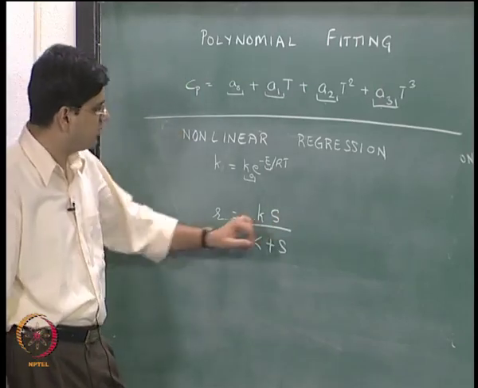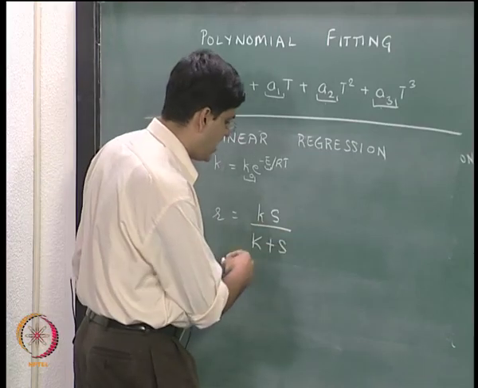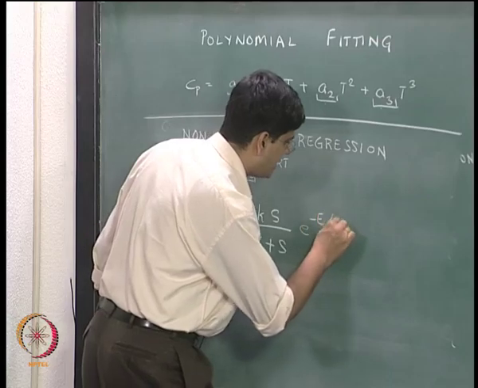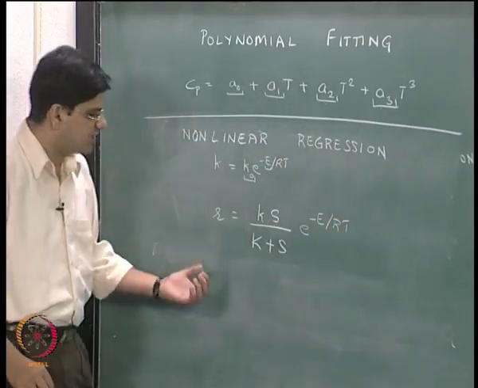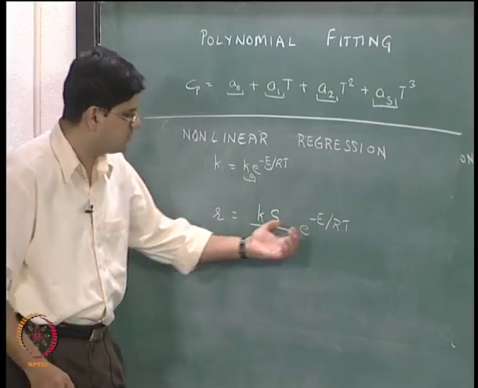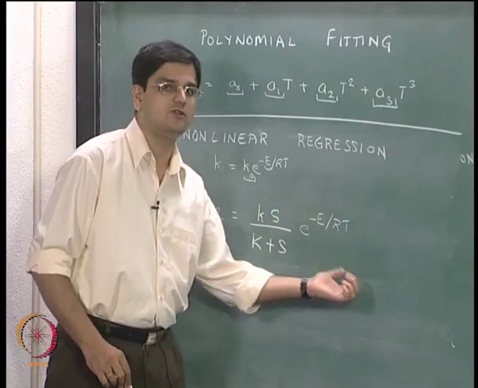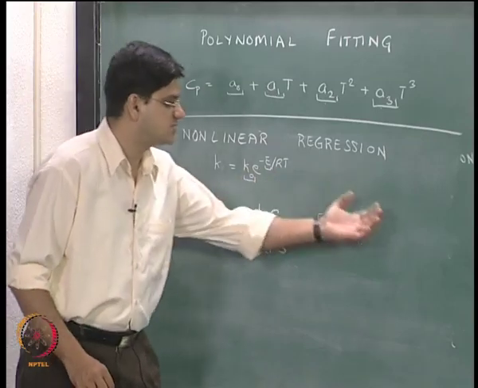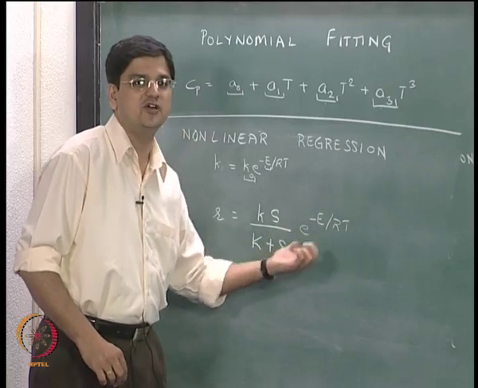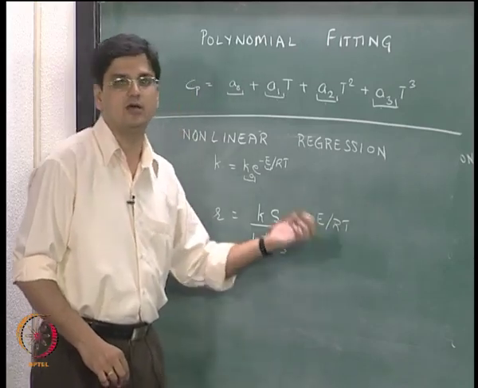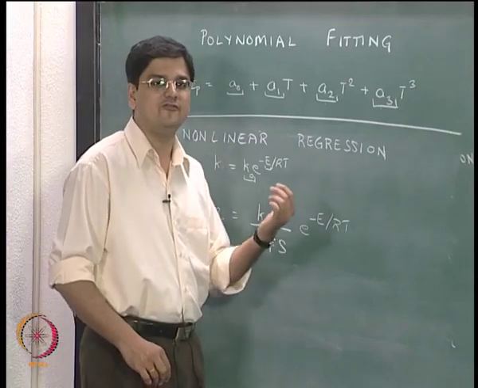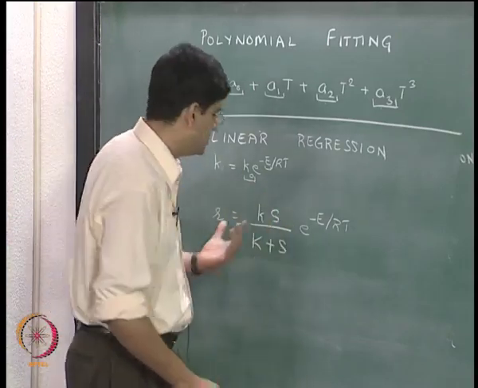However, if, for argument's sake, we had this particular equation with e to the power minus E by RT, in a case like this it is not going to be possible for us to split this into a functional form which is linear in the parameter space. Sometimes it's not possible to do that.